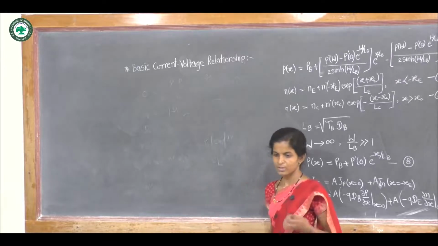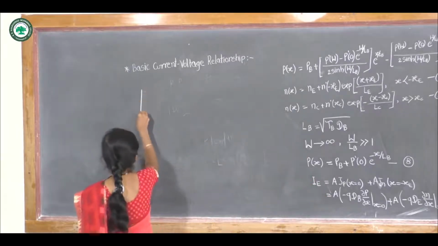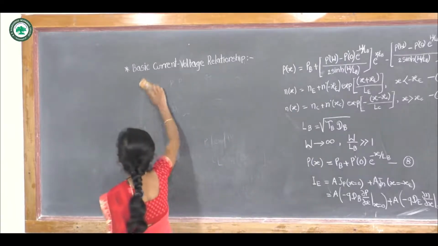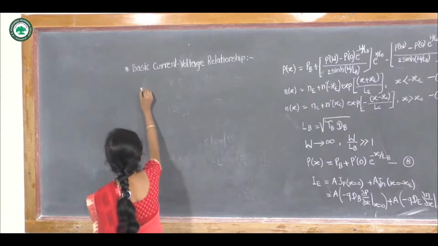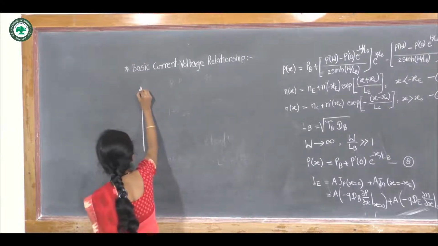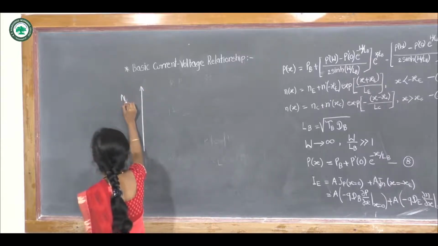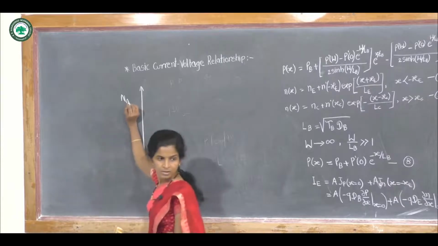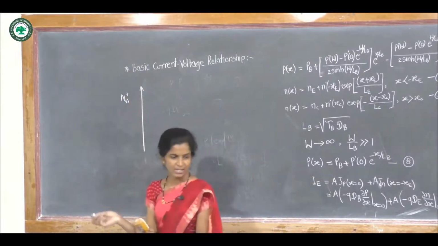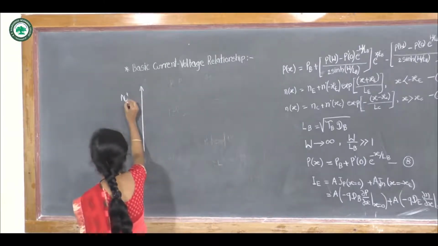So for this doping distribution, on the y-axis the acceptor or donor distribution density is plotted, which is Nd plus and Na minus.